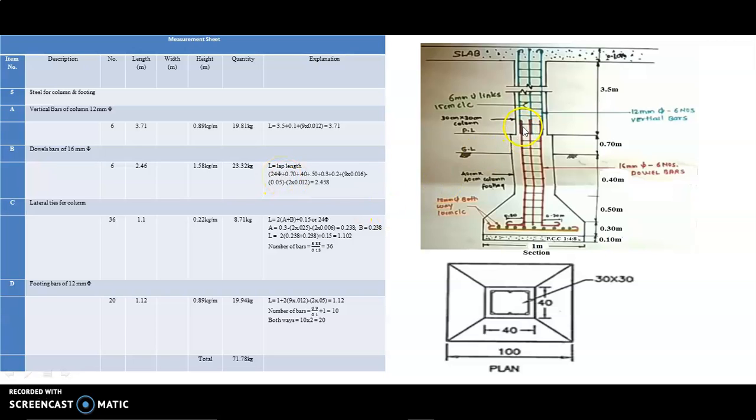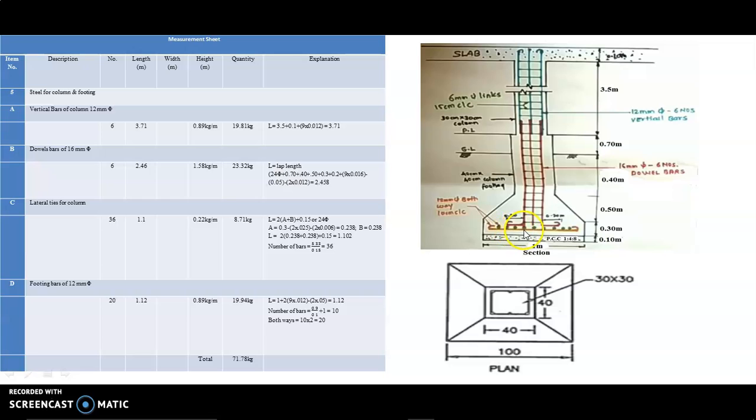So here we take 24 phi plus 0.70 plus 0.40 plus 0.50 plus 0.30. But our bar ends up to this part, so we have to calculate the length only up to 0.30 and deduct this part. For that, we provide 50 mm cover, so first we subtract the cover, which is 0.05.